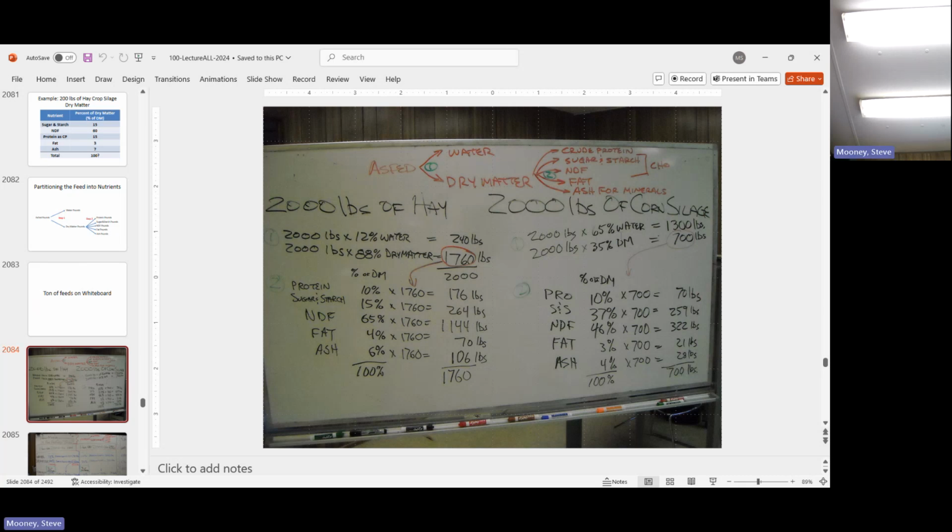So around 70 pounds fat. What do we got for ash? 106 pounds of ash. How do we check our work?